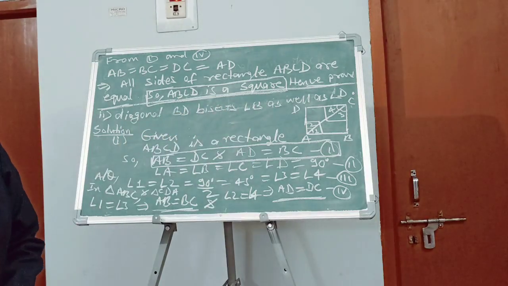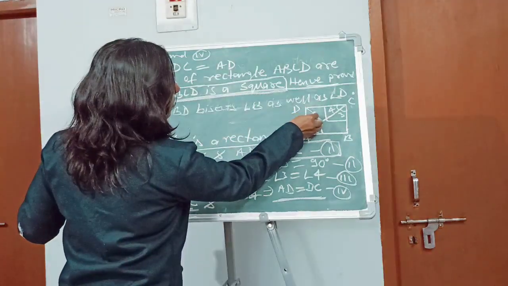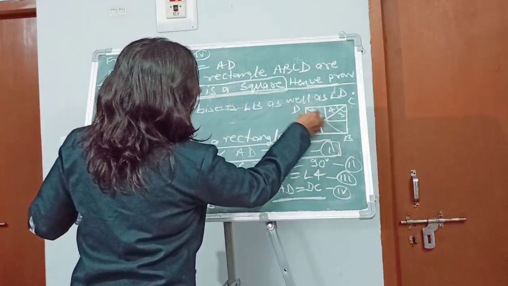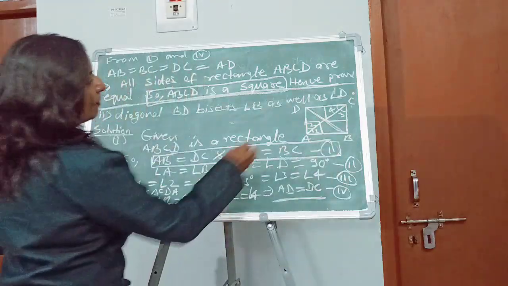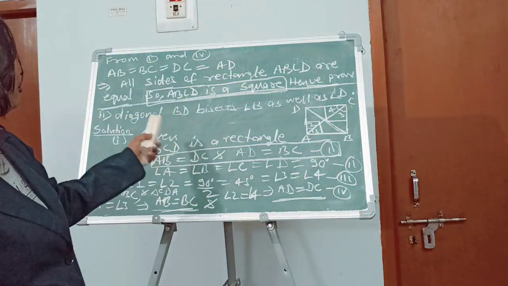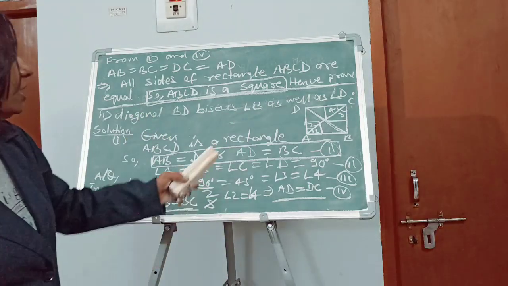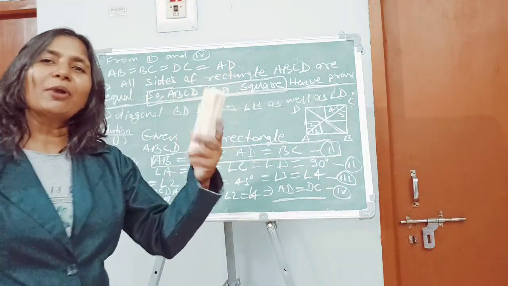And the second one, this one: diagonal BD bisects angle B as well as angle D. So what will be the diagonal? In second, you have to prove diagonal BD bisects B as well as D. Just remember the properties of a square.